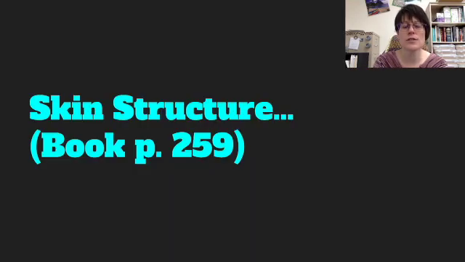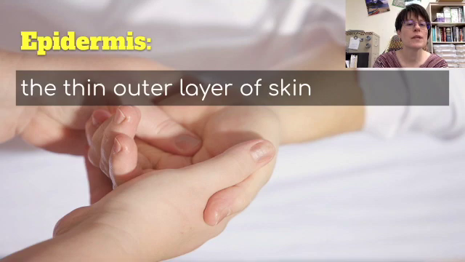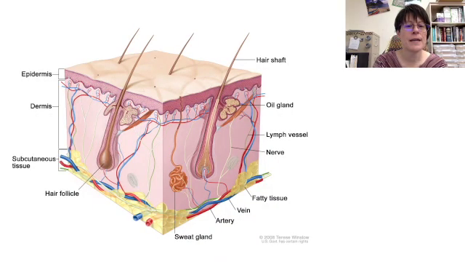Skin structure. This can be found in your book on page 259. So the epidermis is the thin outer layer of skin. This is a diagram similar to the one in your book on page 259, but just a little bit different. You can see here the epidermis is that very outer layer.